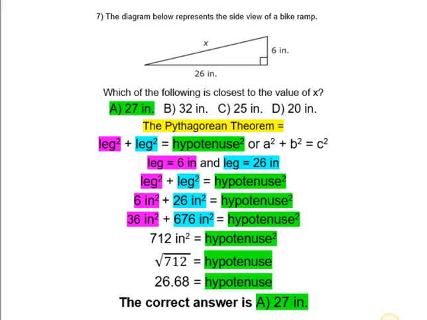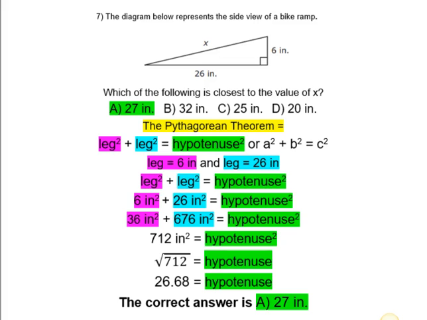Now we must get rid of that square, so we must find the square root in order to find our hypotenuse, and the square root of 712 is 26.68. Since we're looking for the closest value, we are going to get the approximation, or round 26.68, and our correct answer is 27 inches.